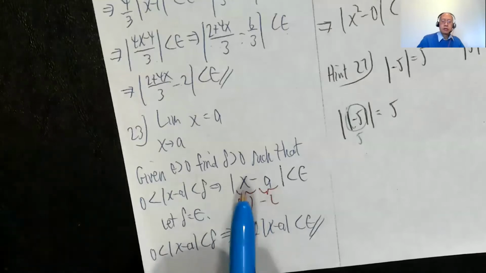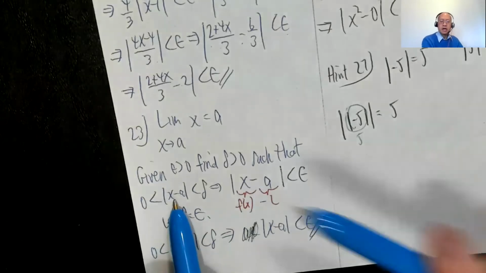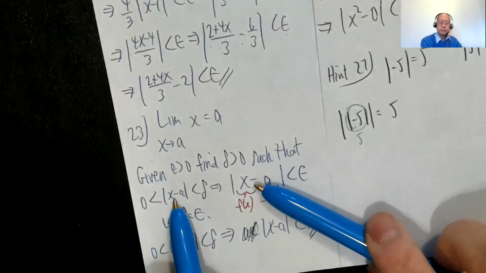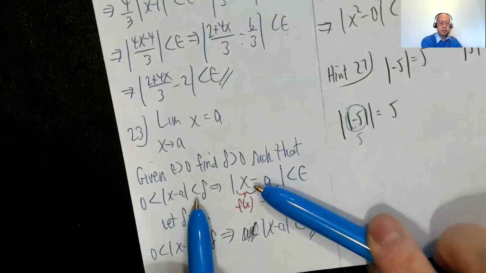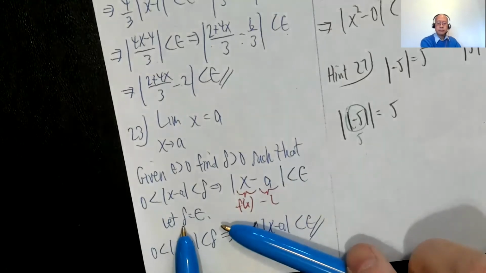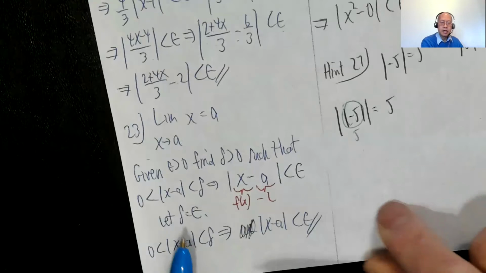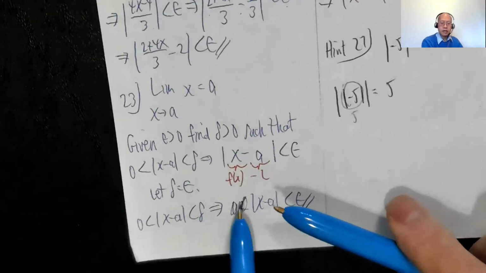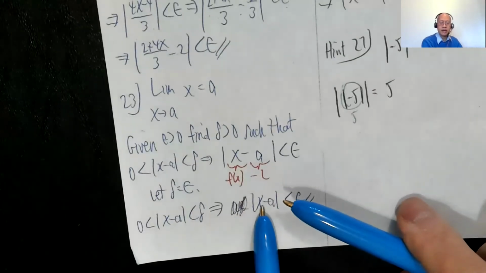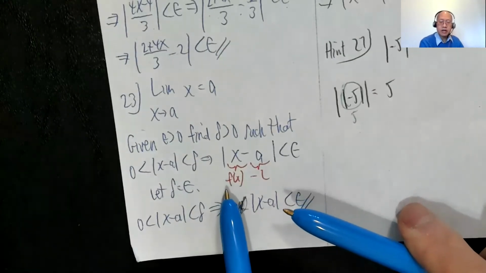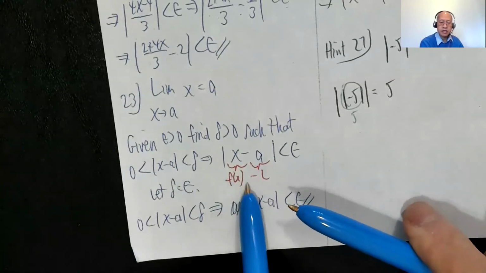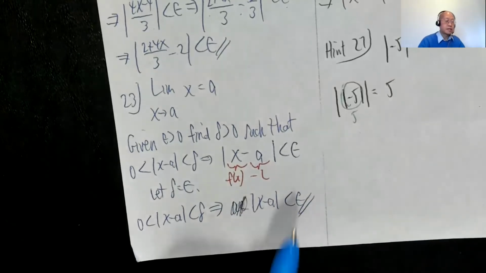Okay, so I need this to look like this, but it already looks like that. There's no algebra to do. Just let delta be epsilon. So 0 less than the absolute value of x minus a is less than delta. Well, since delta equals epsilon, then I already have the absolute value of x minus a, which is also, in this particular case, the absolute value of f of x minus L is less than epsilon. So that's it, end of proof.